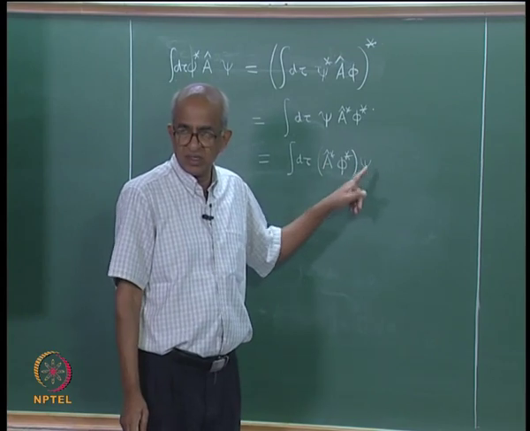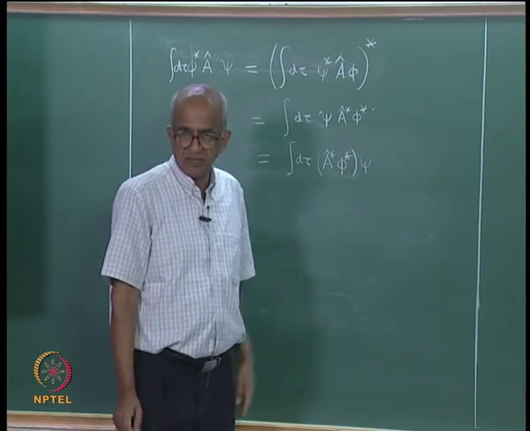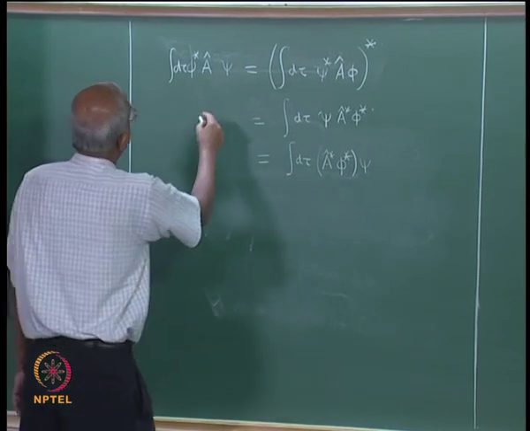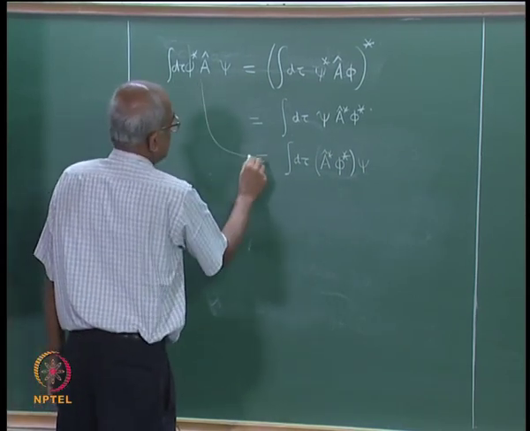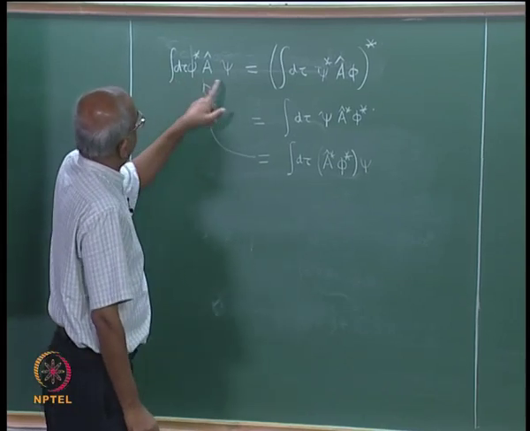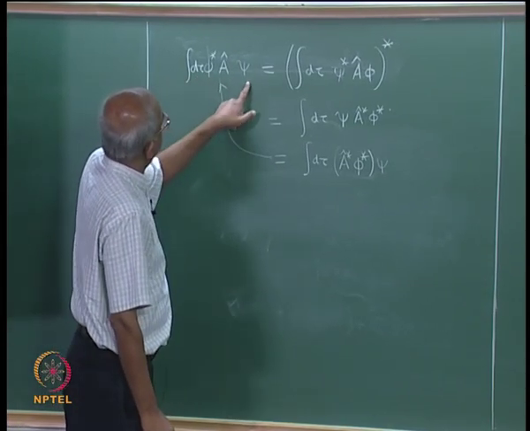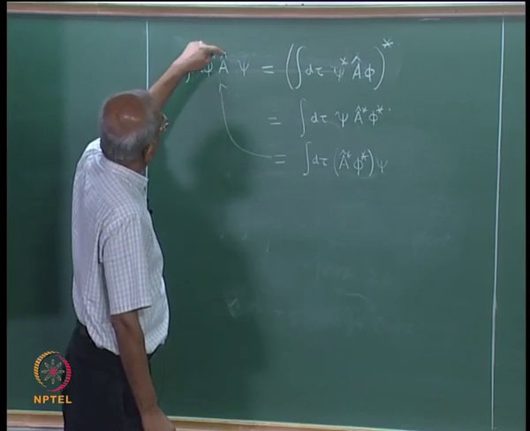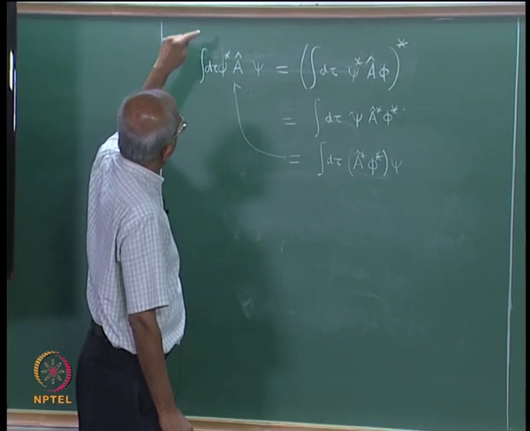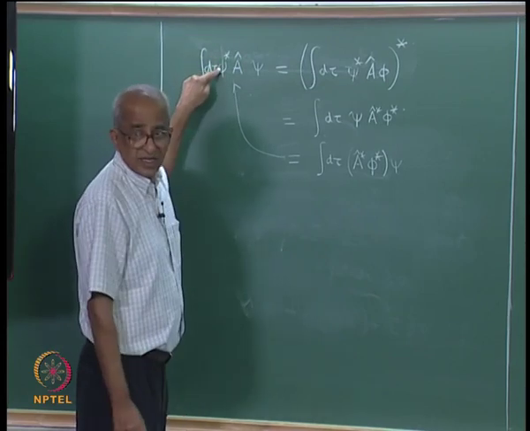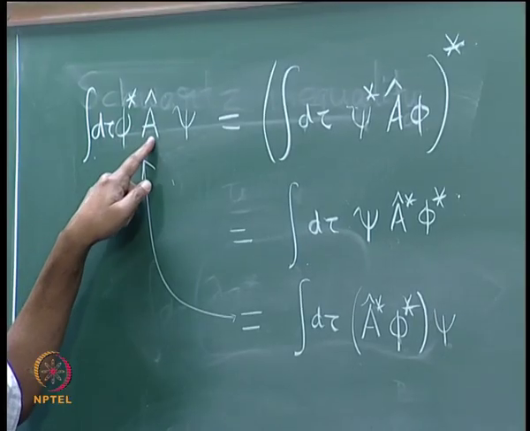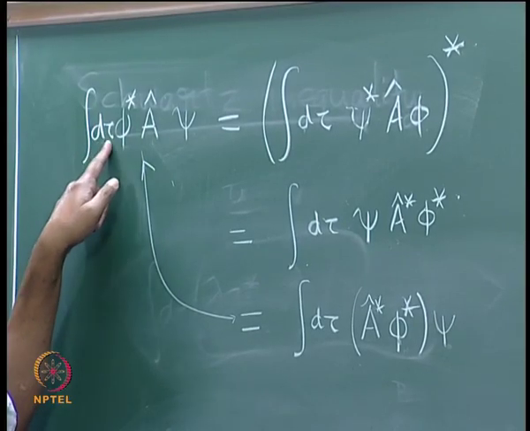If you compare these two, what do you find? If you had a Hermitian operator and an expression like this, you can allow A to operate upon phi star instead of upon psi, but then not A itself, but A star has to be operating.